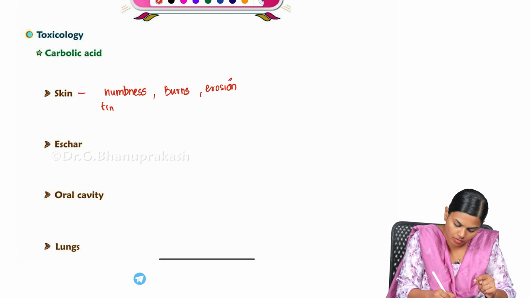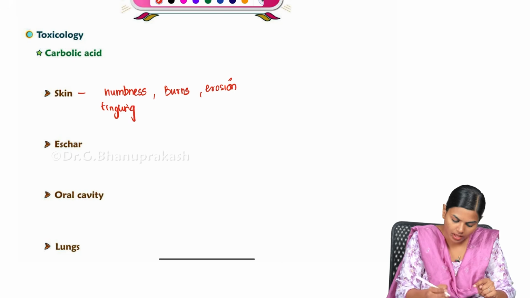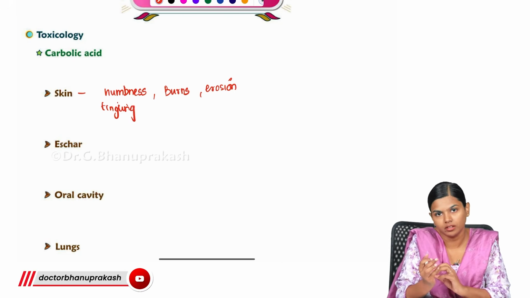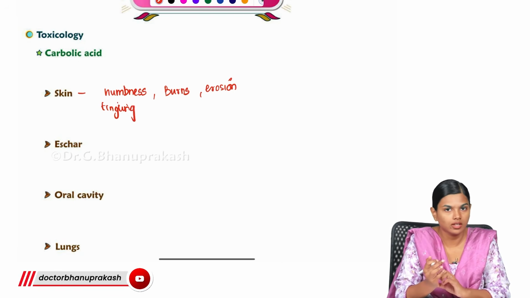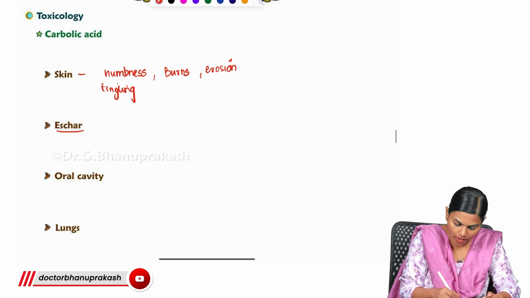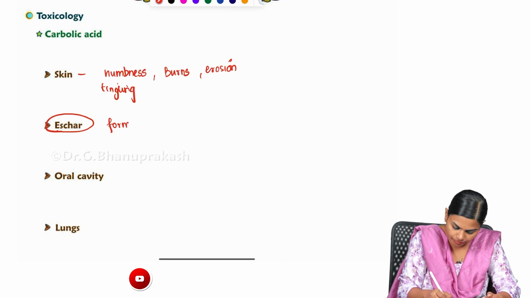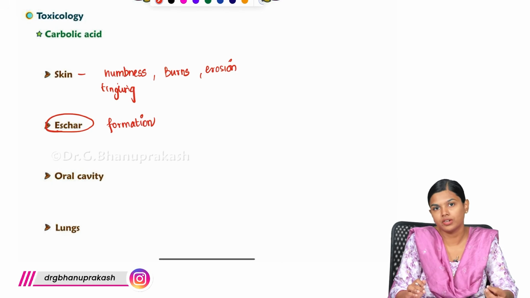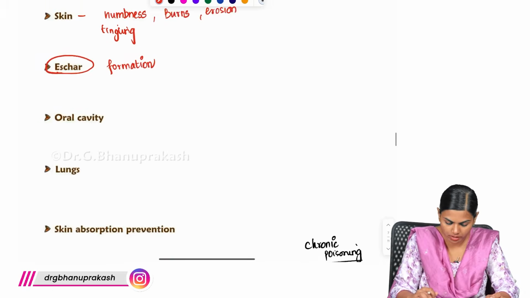Sometimes tingling sensation will also be seen, and there will be burns of the skin that came in contact with the carbolic acid. Then after that it will lead to eschar formation. In the skin you will be able to see this eschar because of its corrosive action.